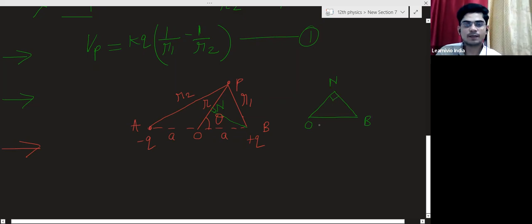Opposite to the perpendicular, this is the hypotenuse, and this is the angle theta. So this will be the base. From here we can calculate the value of cos theta. What is the value of cos theta?